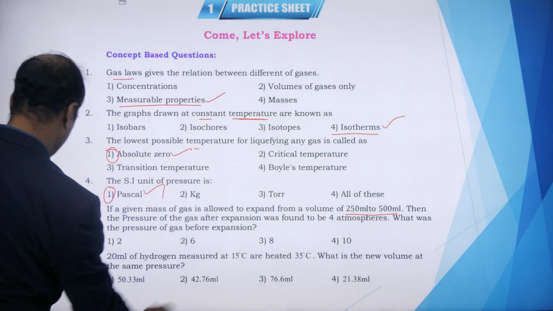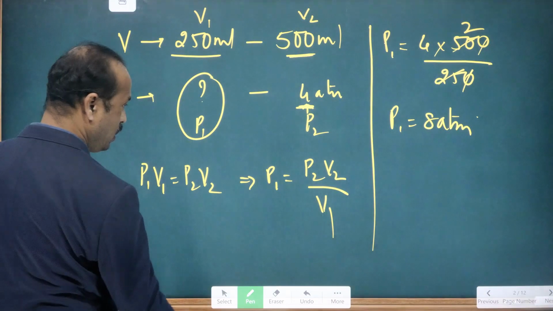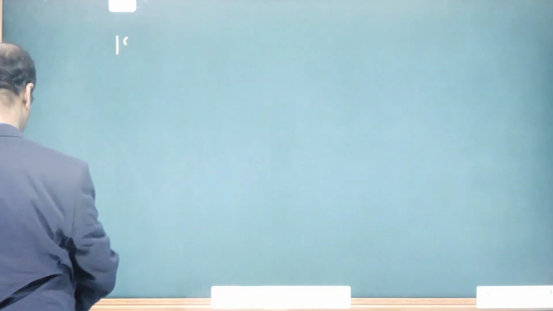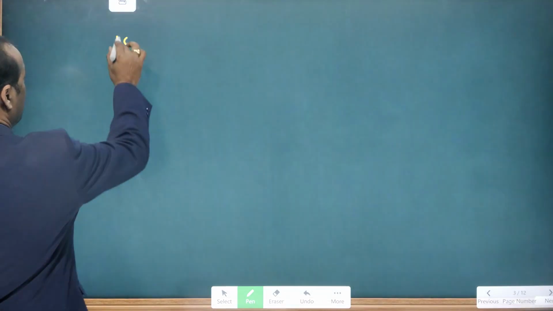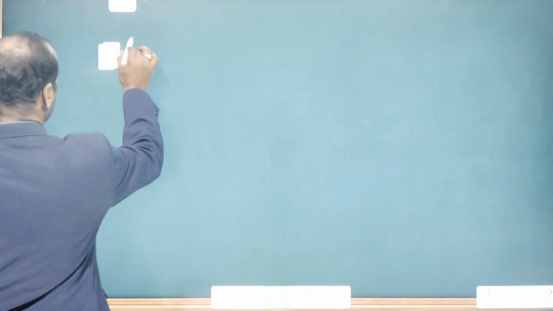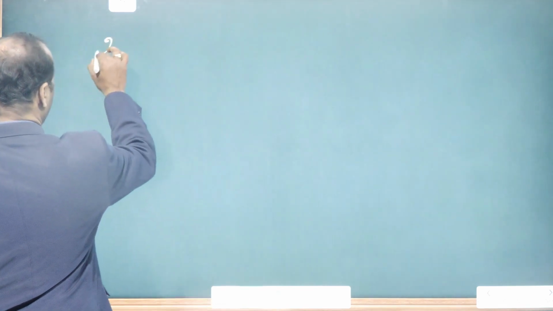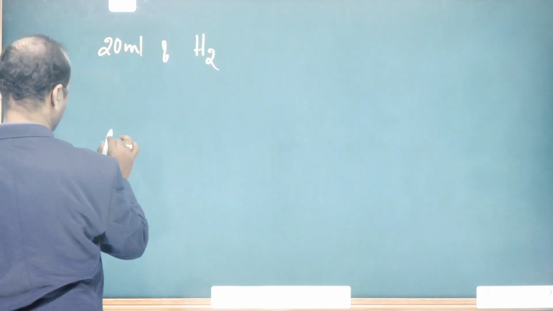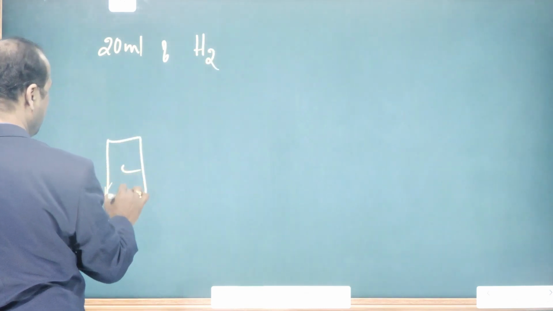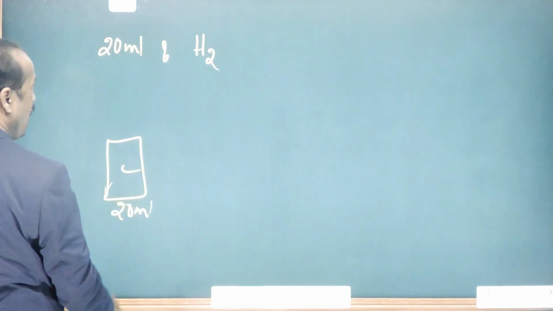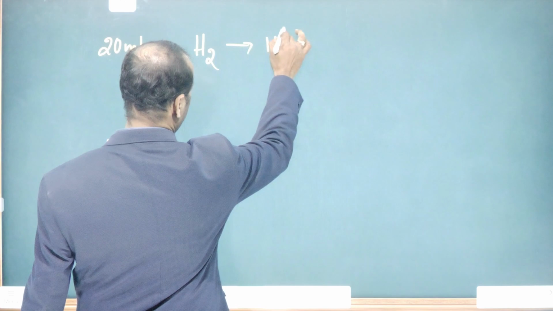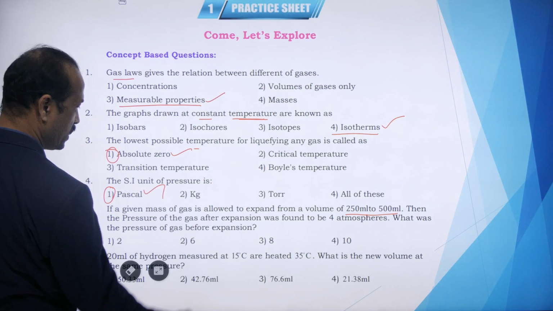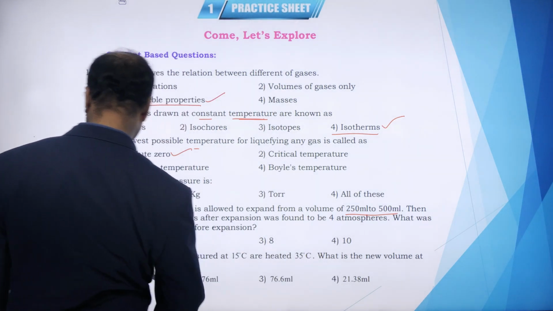So 20 ml of hydrogen gas is there, for example in a cylinder, when the temperature is 15 degrees Celsius, and it is heated to 35 degrees Celsius.